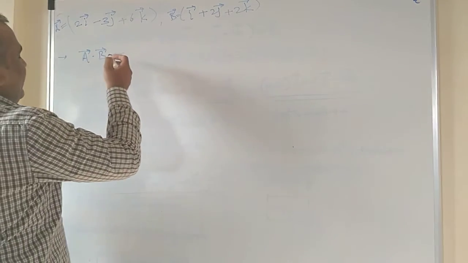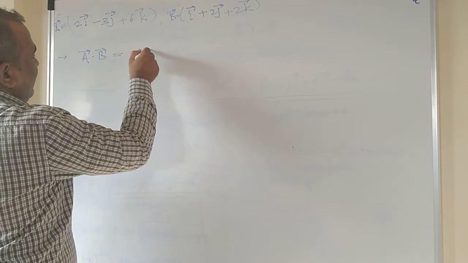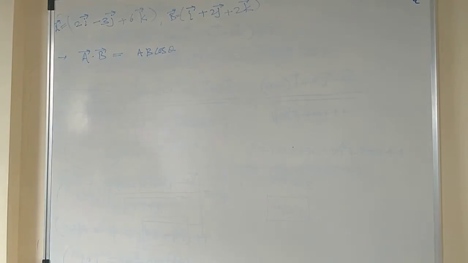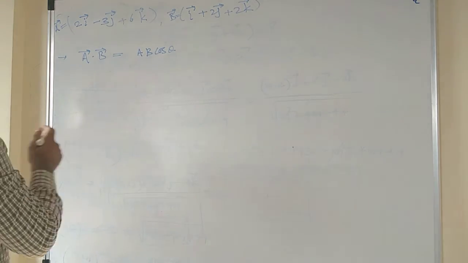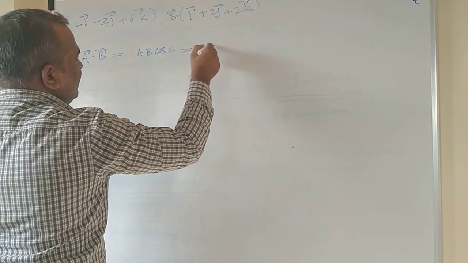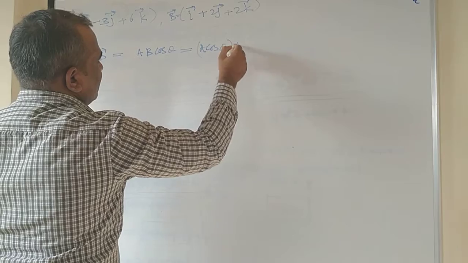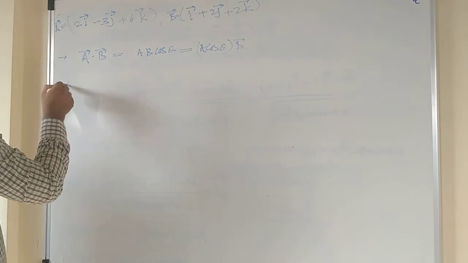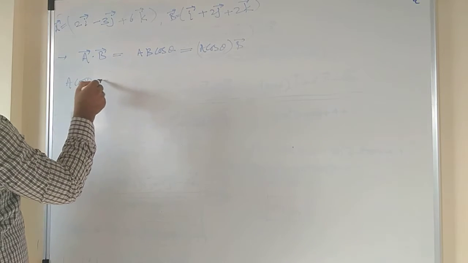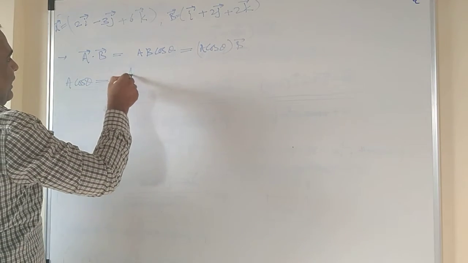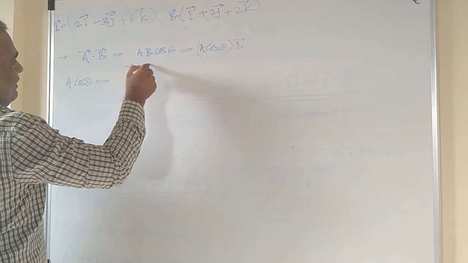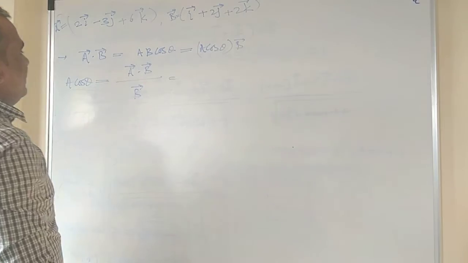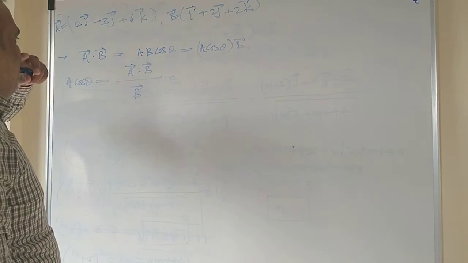So a bar dot b bar is equal to ab cos theta, and you are projecting on b bar, that means you are asked to calculate the value of a cos theta into b bar, correct? So therefore a cos theta will be equal to a bar dot b bar divided by the magnitude of b bar.